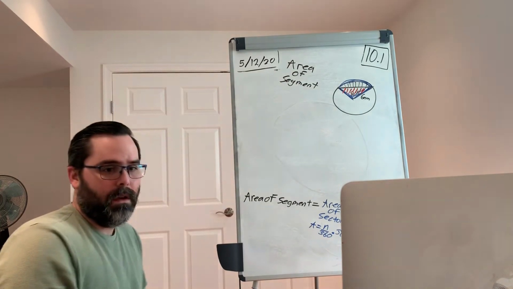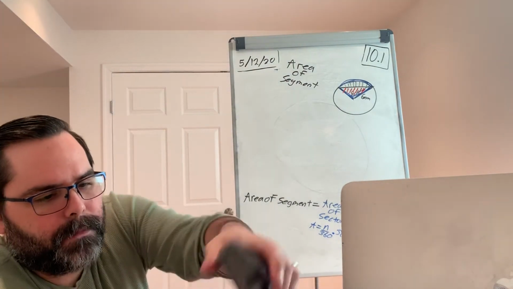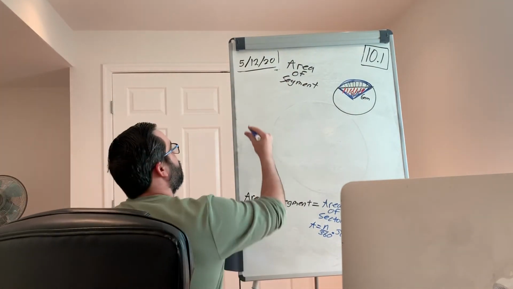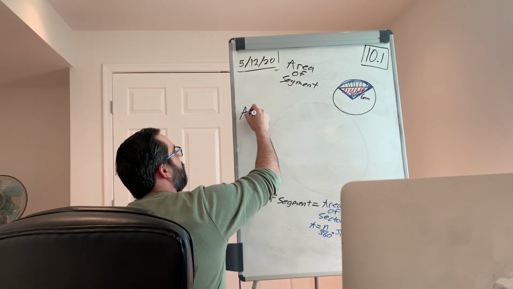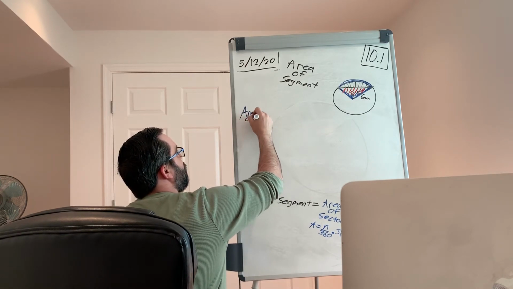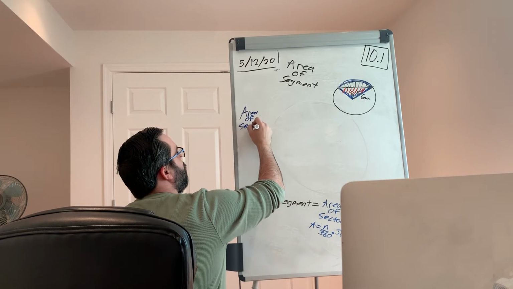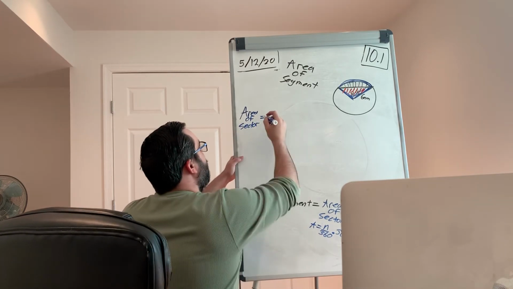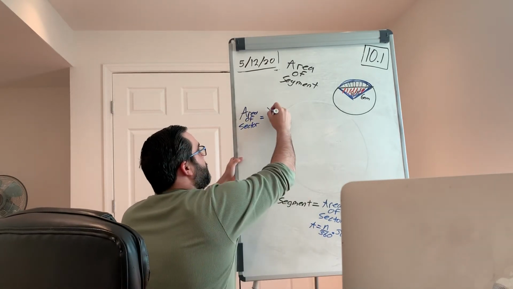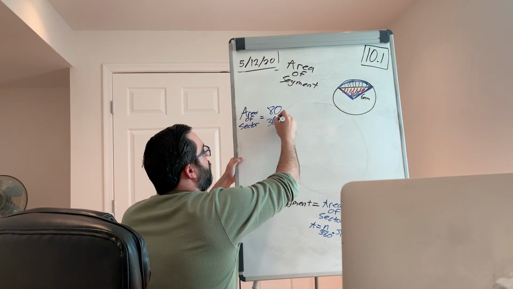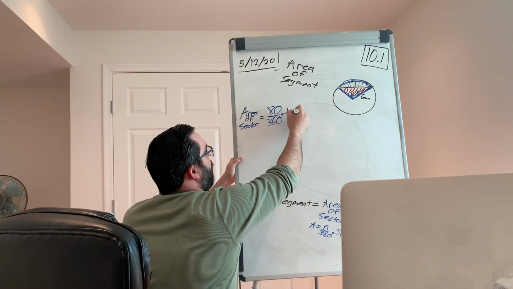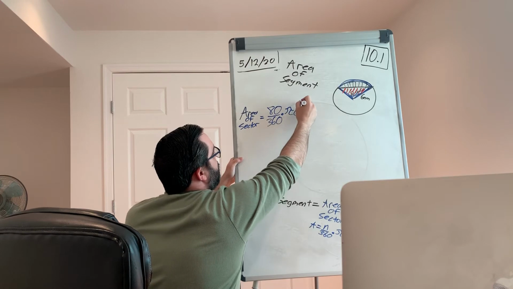Okay. First, we need to find the area of the sector. In this case, it's 80 over 360 times pi times 6 squared.